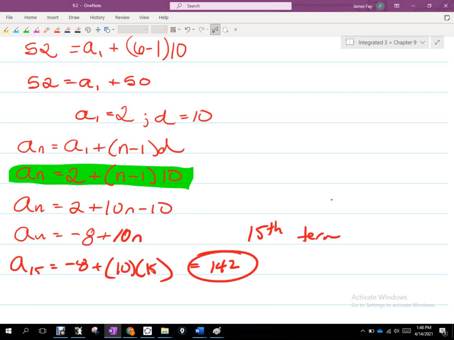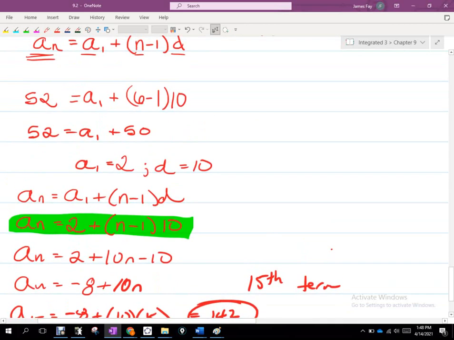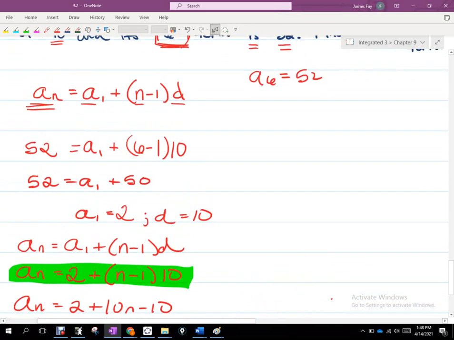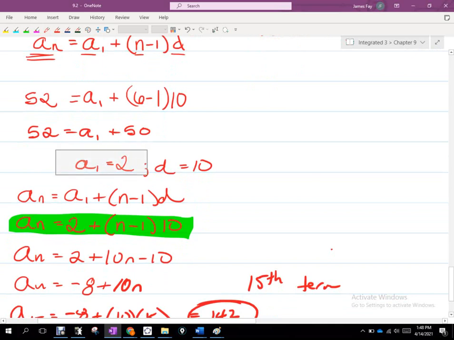What thing? Oh, here? I was just recording because at this point we were given the common difference was 10, right? And we're told the sixth term was 52. So from that knowledge of replacing d with 10, n with 6, and the sixth term, which is a sub 6, which we just wrote as a sub n, was 52, I can go through and solve that for a sub 1, right? And it gives me a sub 1 was 2.